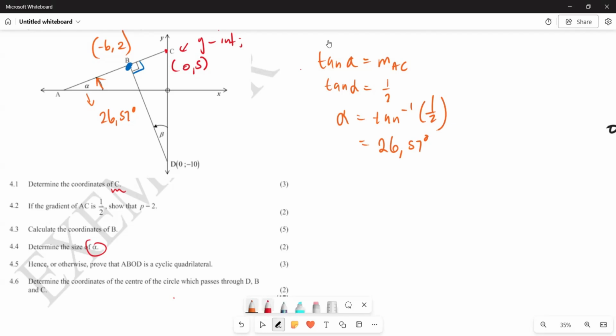Remember, in order for you to prove a cyclic quadrilateral, you need to prove either that the opposite angles are supplementary, or that the exterior angle of your cyclic quad is equal to the interior opposite angle, right?